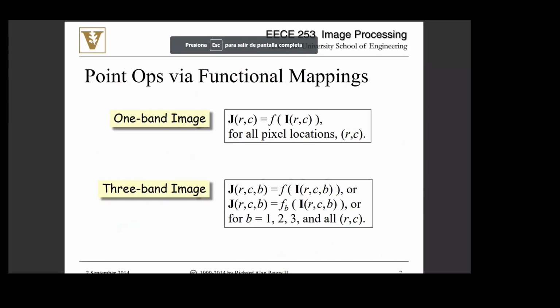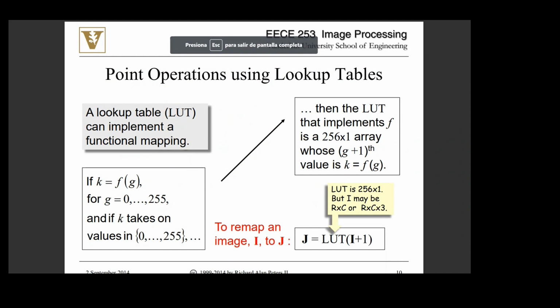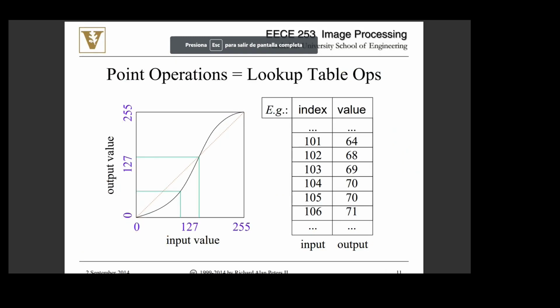And yeah, if you have a color image, you can apply the same function to all bands, or different functions to different bands. And what is a lookup table? A lookup table is a table that represents the transformation that you're doing.